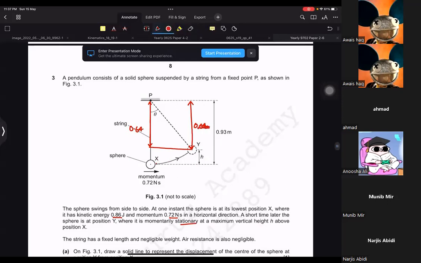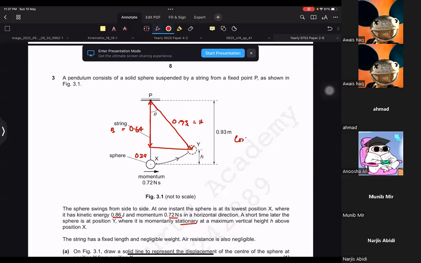So I have this distance and the full one as well. What is this distance? This is 0.93 as well. Why? Because this is the radius. Now I can get it. This is the hypotenuse, this is the base.